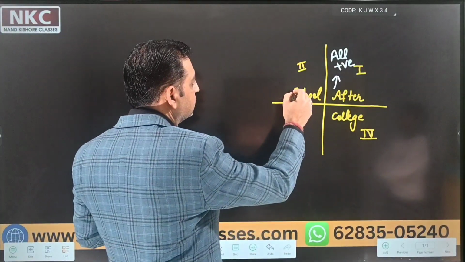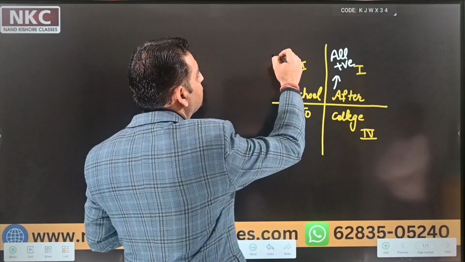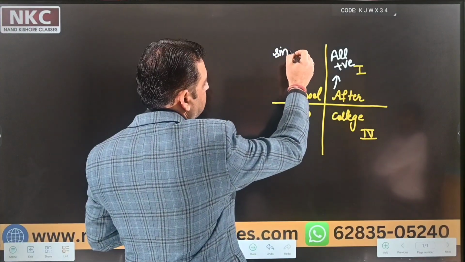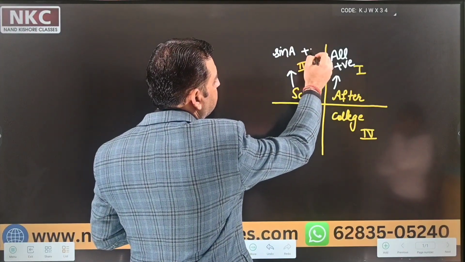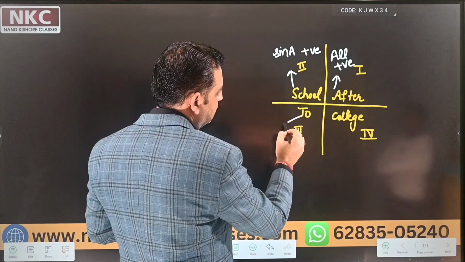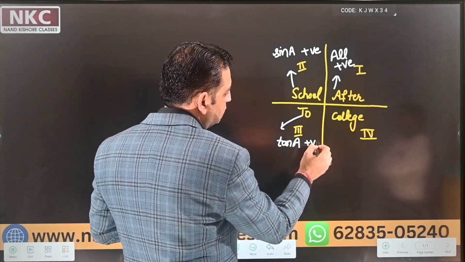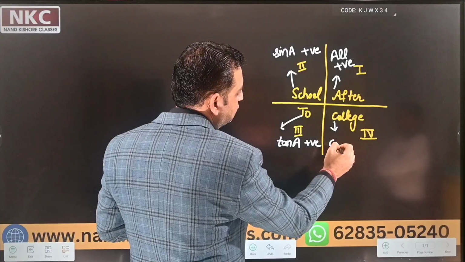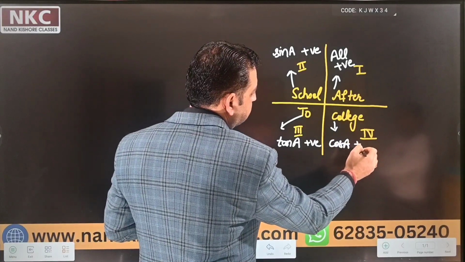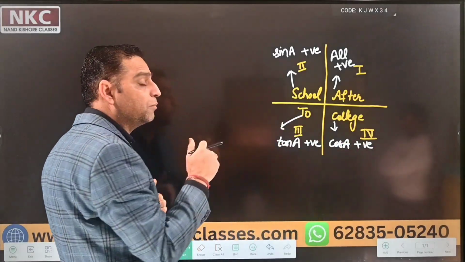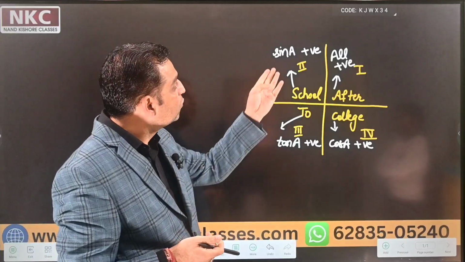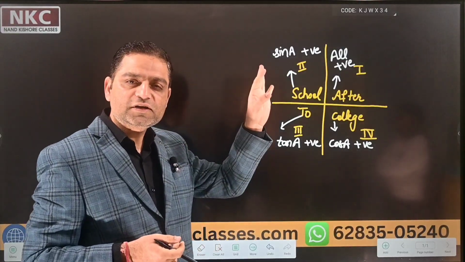In the second one, it starts from S. S means sine. Sine positive. T means tangent positive. This C means cosine positive. Now you might be thinking, sir, is there only sine which remains positive in the second quadrant?